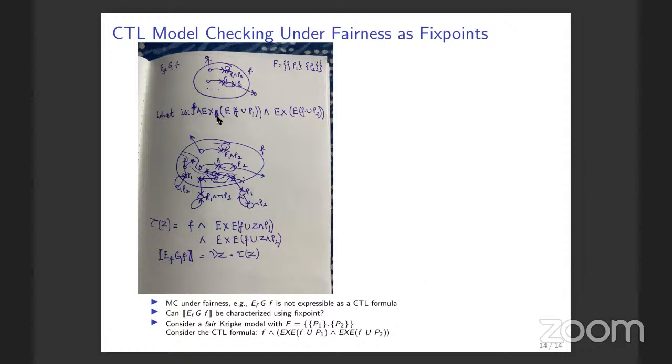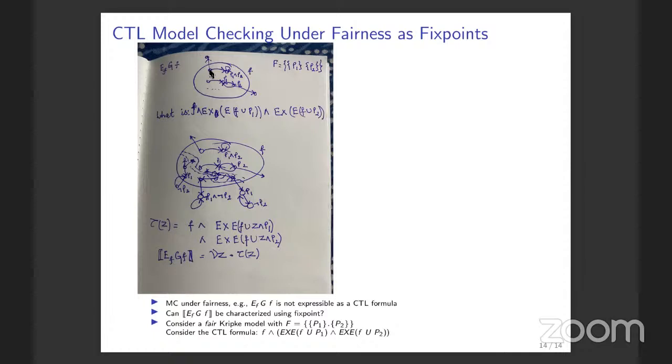See, what F and this formula, EX of E[F until P1], just look at the picture above. What it does is, of course, that every state of that satisfies F, and every state of that is such that in the next state it satisfies E[F until P1], as well as E[F until P2].